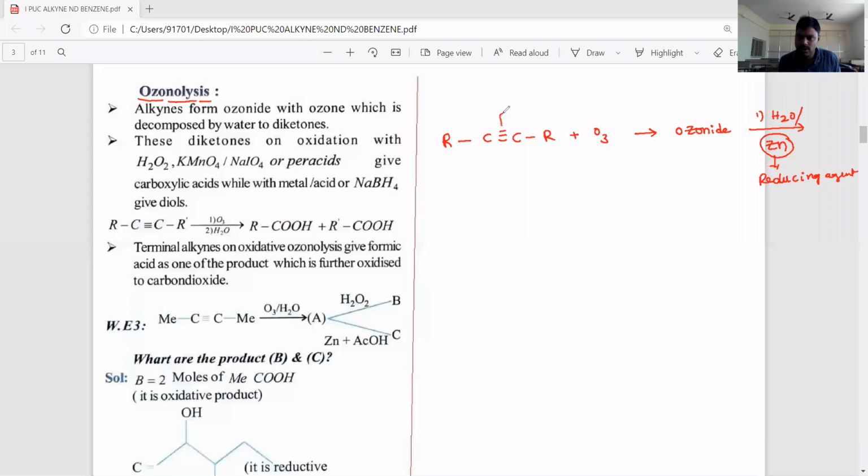Now the triple bond is oxidized, and when zinc metal is used, we get one oxygen on this side and one oxygen on that side. Then we get R-C double bond O, C double bond O-R, meaning a diketone. Hence this reaction is known as the reductive ozonolysis reaction.